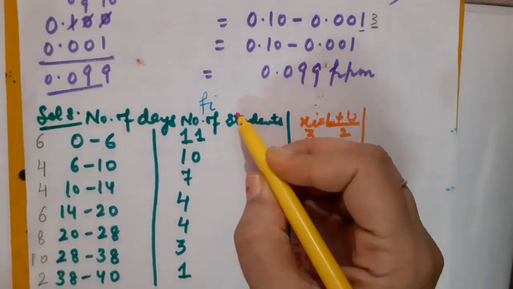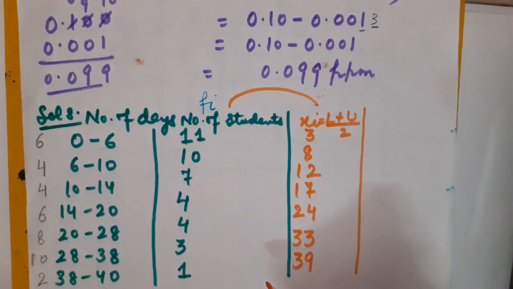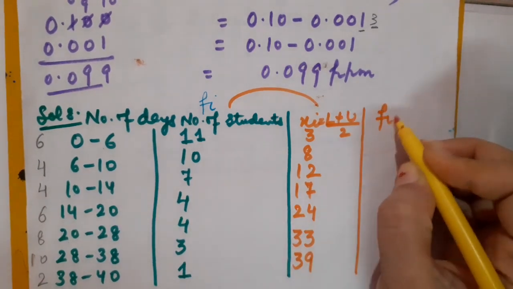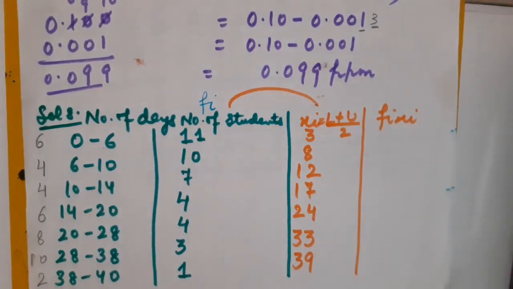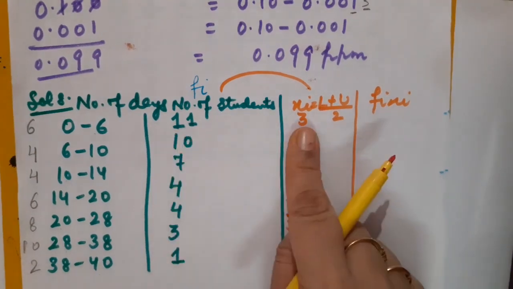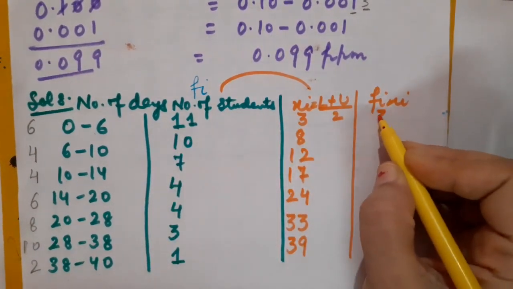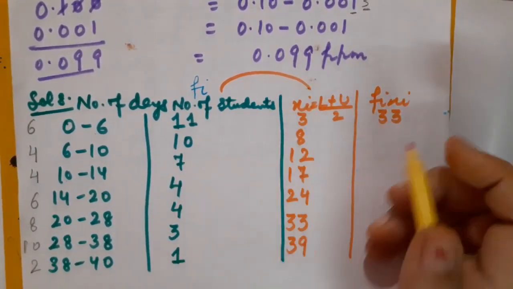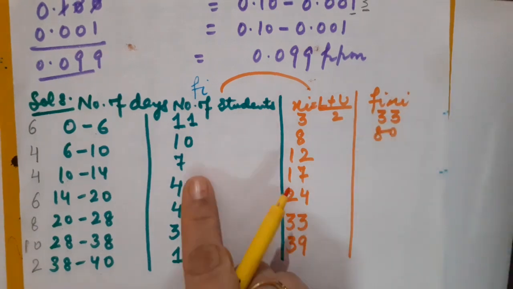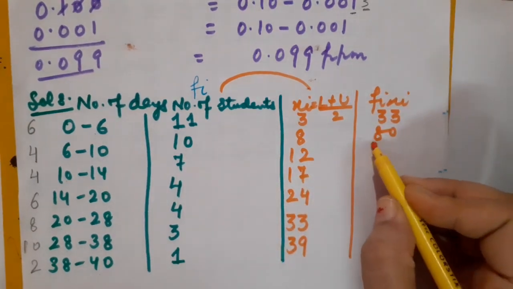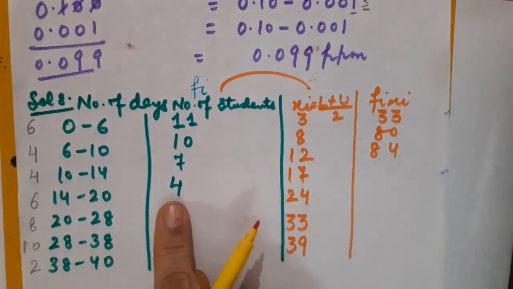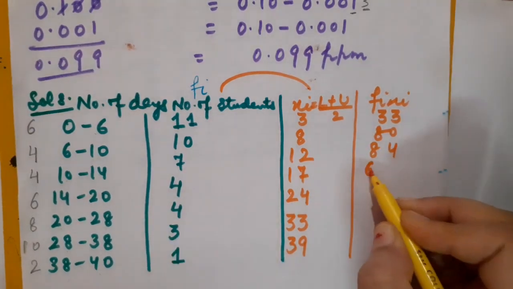So for the direct method, what do I need? I need xi into fi. So that is fi xi I am going to calculate now. So this is 11 into 3, which will become 33. 10 8s are 80. 12 7s are 84. 17 into 4, that is 68.